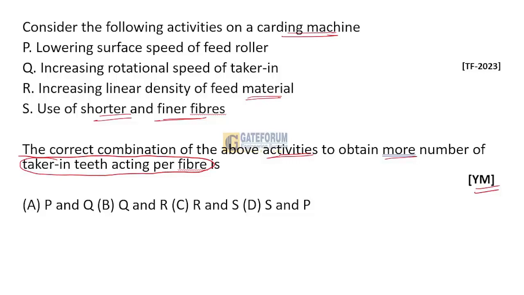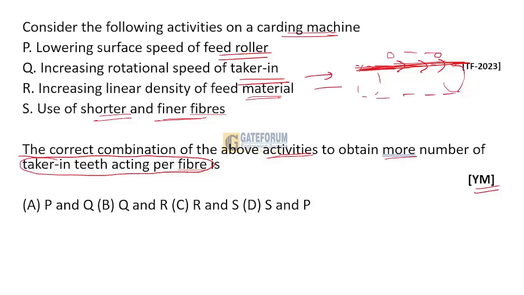So you have to find this. If we talk about which is the correct combination, so when you lower the surface speed of the feed roller and increase the rotational speed of the taker in, you just consider this carding diagram that you see here. This is the main part, and this is where the carding action happens.